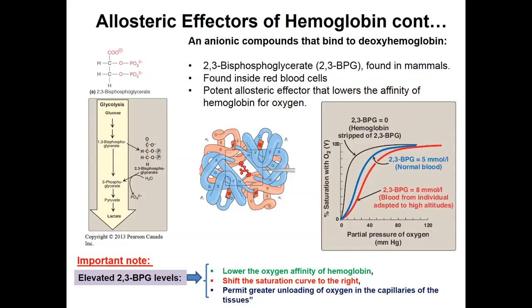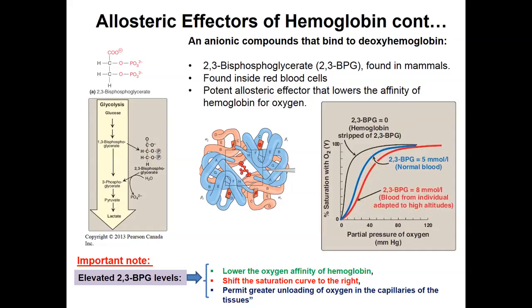But as the BPG level increases, what happened to the affinity? Where do the curves go? The red one is the increasing one. Is affinity going up or down? Going down, right? So as the BPG level increases, the affinity of hemoglobin for oxygen goes down. Okay? And this is very, very important.